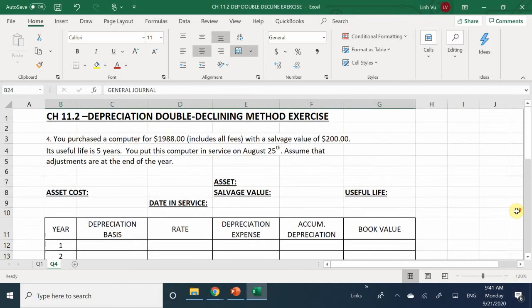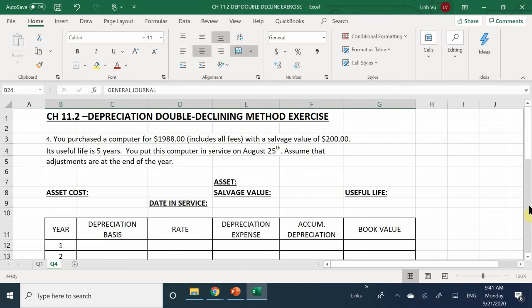Okay. So here is example number 4, or question number 4. Example 2 for this. In this case, you purchased a computer for $1,988, which includes all fees, with a salvage value of $200. Its useful life is 5 years.